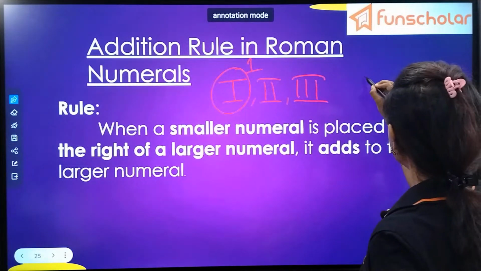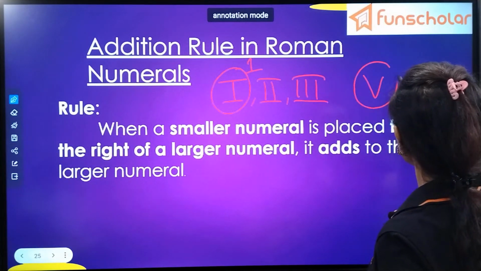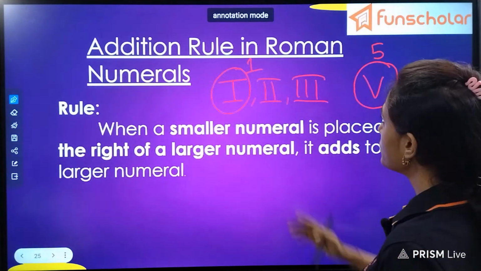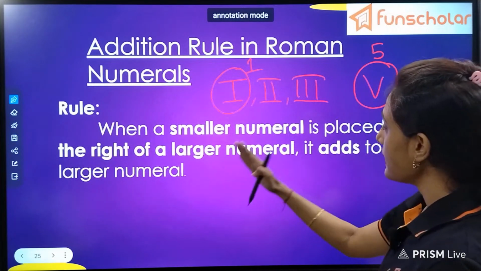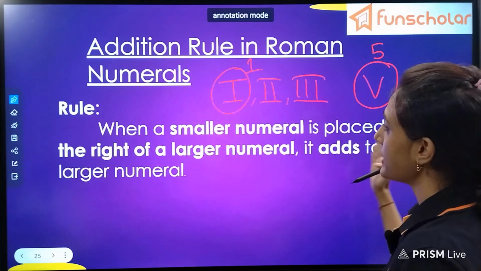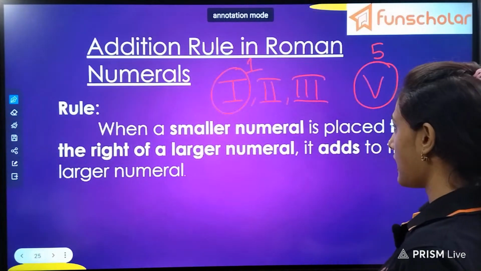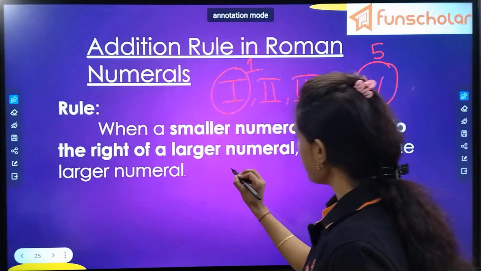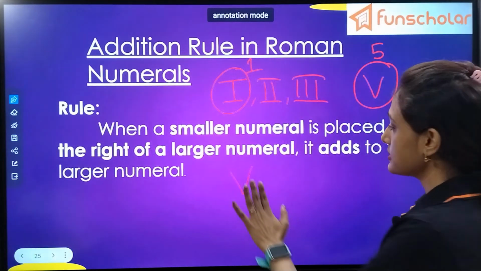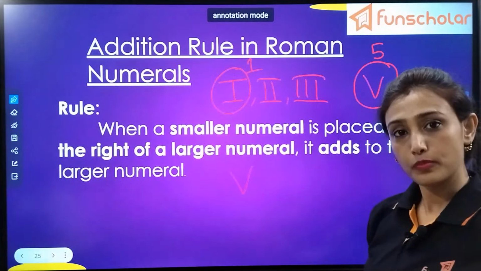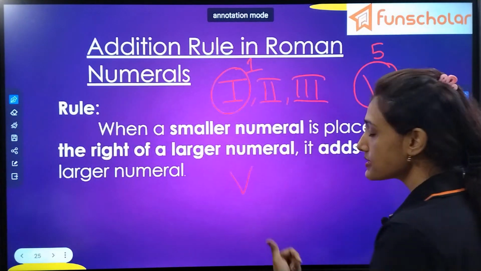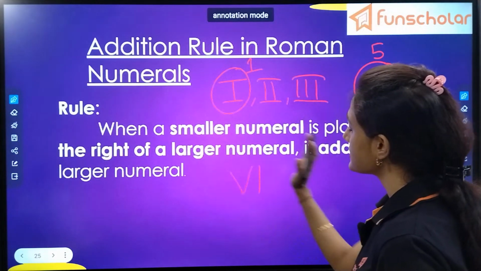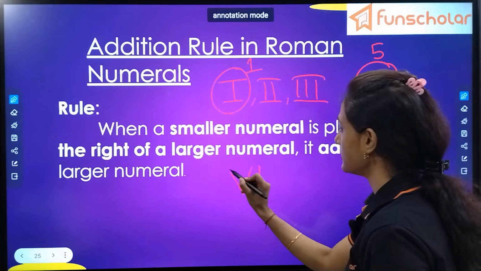After that, you know 5 is the number that is greater than 1. So the rule of addition says if a smaller numeral is placed to the right hand side of a larger numeral, it adds to the larger numeral. So to make 6, what do we do? This is V and I is the smaller numeral and V is the larger numeral. So we will put I to the right side of the larger numeral.